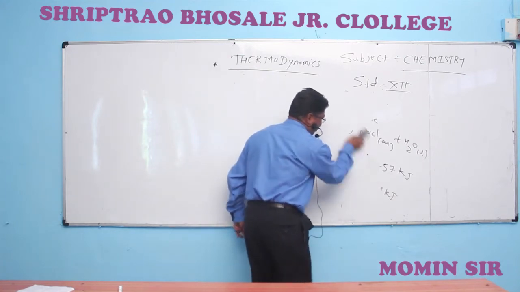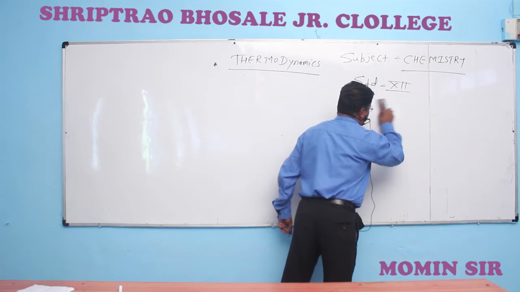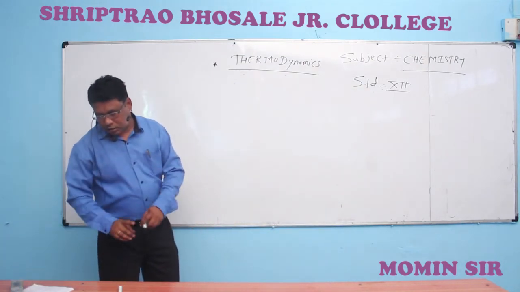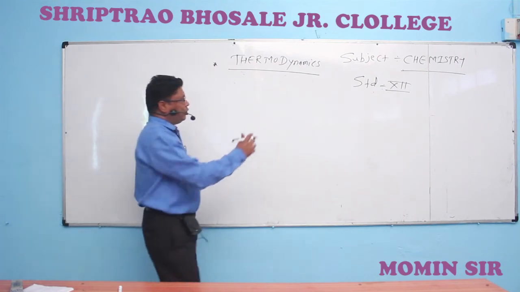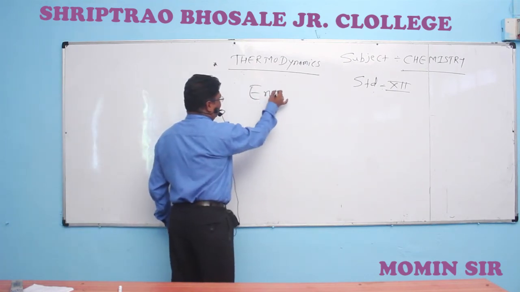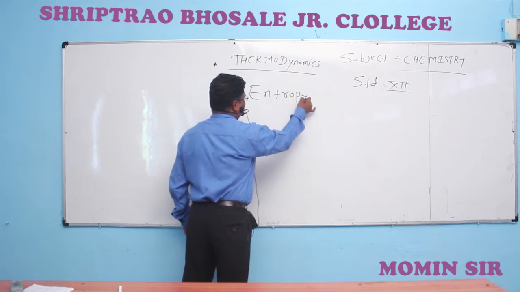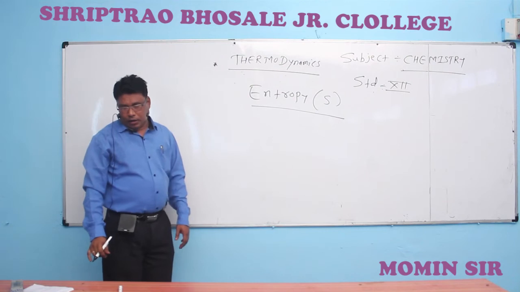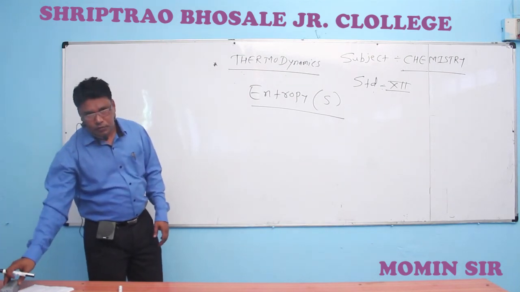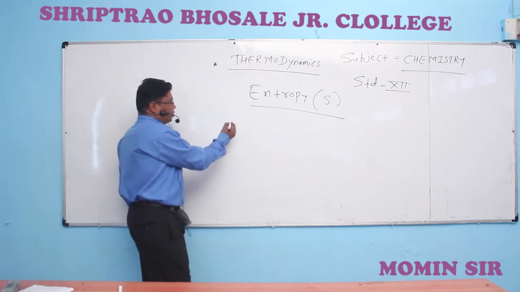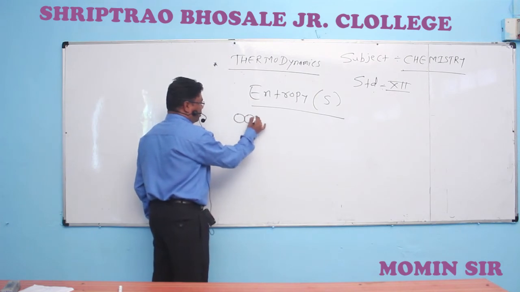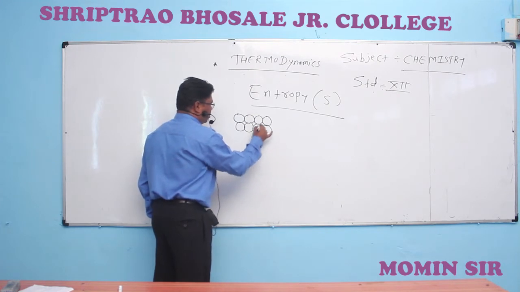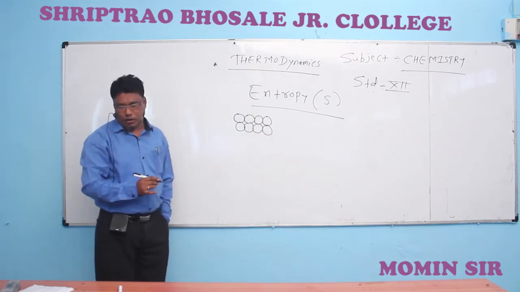And what is that criteria? Another important criteria is given, that is entropy. Entropy is denoted by the letter capital S. For example, suppose these are the molecules of water.